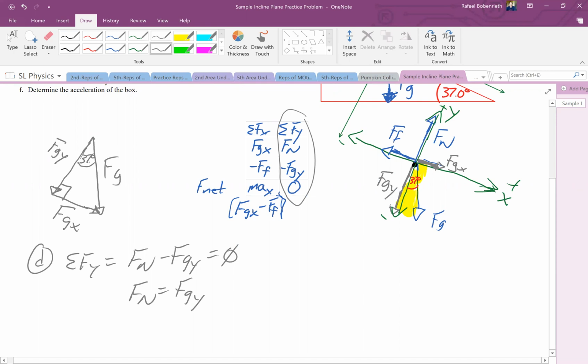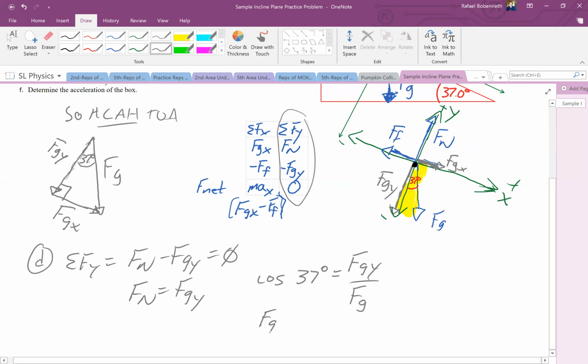Well, I have to go back to this triangle and I have to use SOHCAHTOA. Notice in this case, FGY is the adjacent side to this angle. So adjacent, CAH, I'm going to use cosine. So what I can say here is that the cosine of 37 degrees equals FGY over FG.